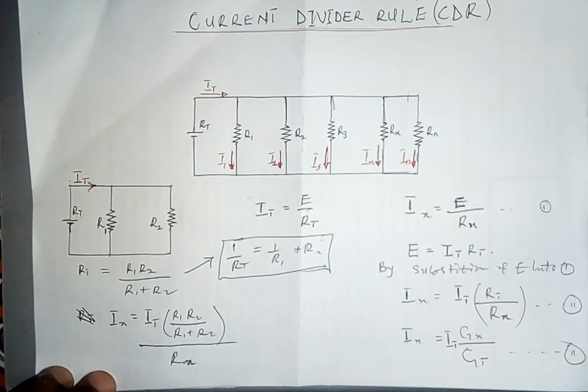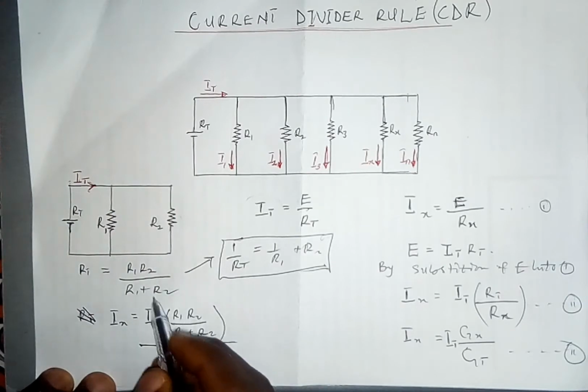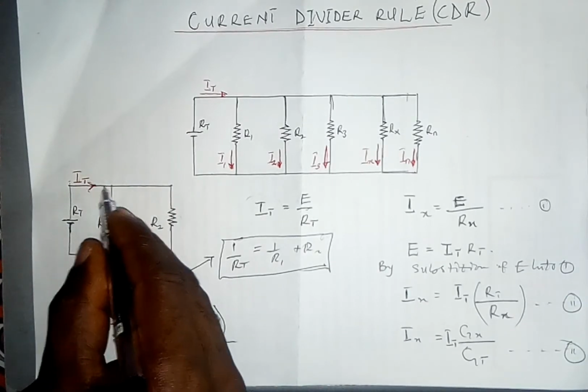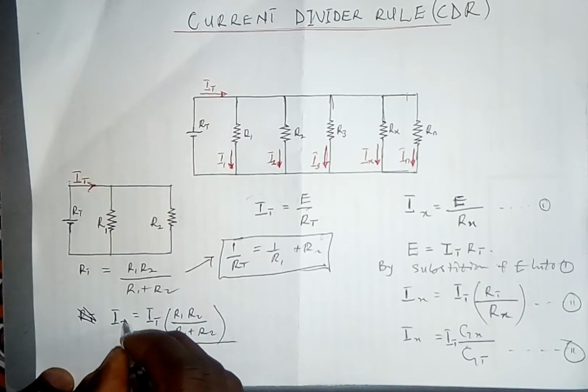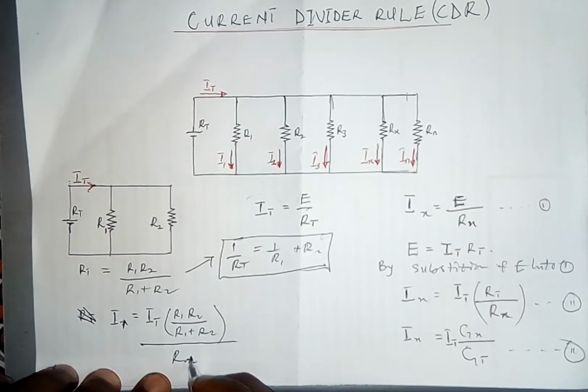So let's say instead of using Rx and Ix, we are looking for the current that flows through the first resistor. Let's call it I1, and the resistor R1, which is the current we are looking for.